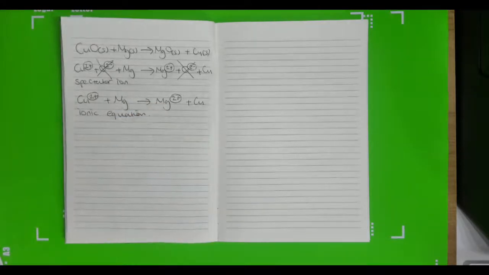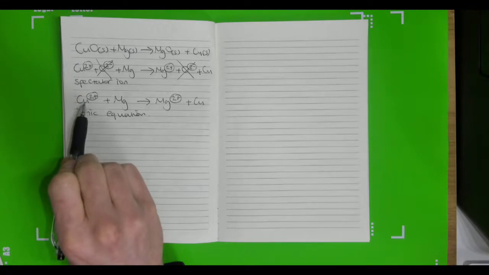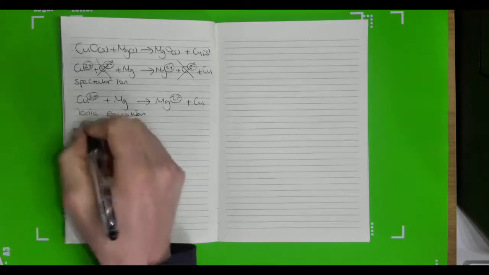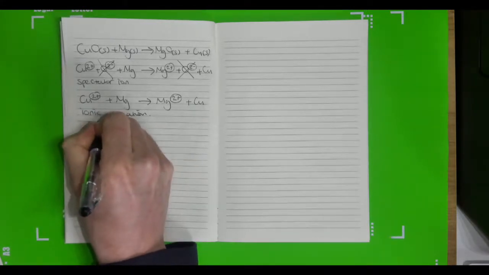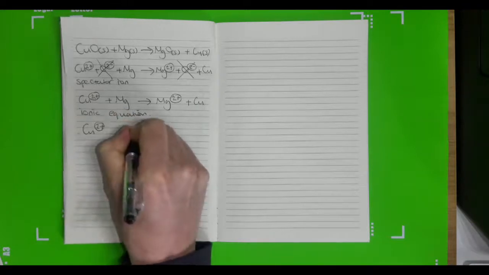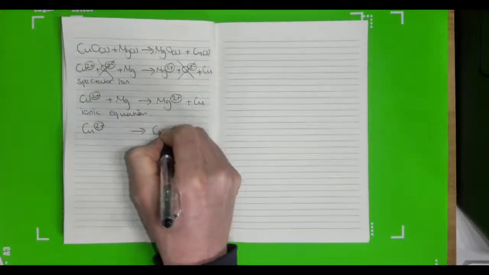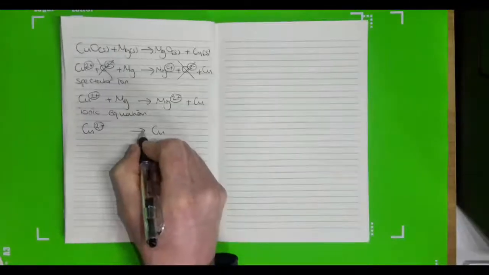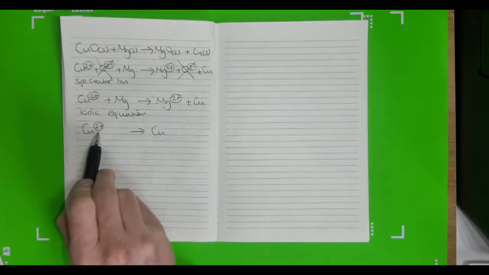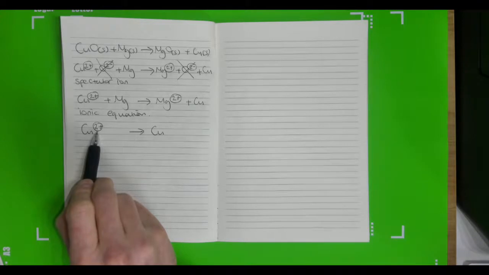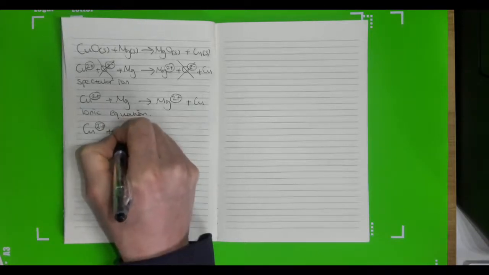What we'd like to do now is split that ionic equation into two half equations. Let's look at the first half equation. Let's pick the copper here. The copper goes from Cu2+ to Cu. In doing that, we have to neutralise that positive charge by adding 2 electrons.